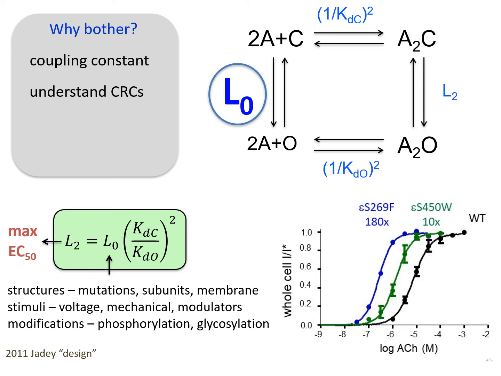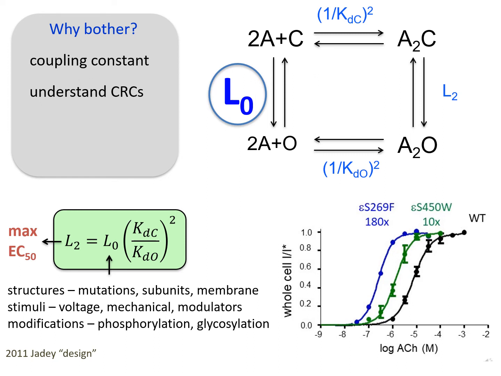It's also important for understanding the dose-response curve. So down below, I have rearranged the green equation to show you how L0 affects the dose-response curve. So I've showed you that L2 affects the maximum, and it can also affect EC50. That was in the EC50 equation. So L2, and L2 is determined by L0.